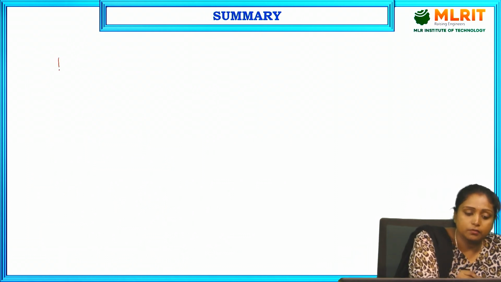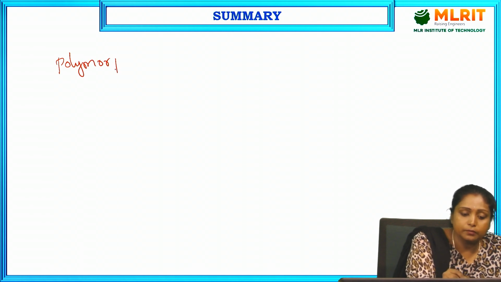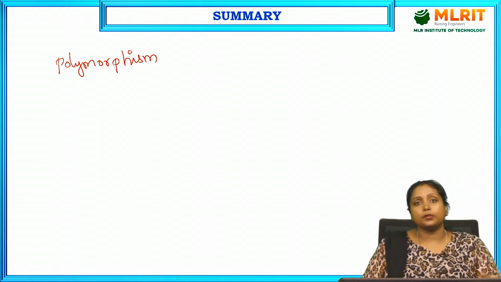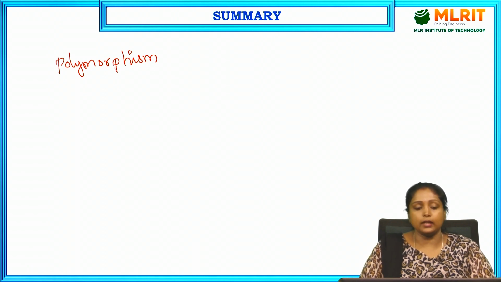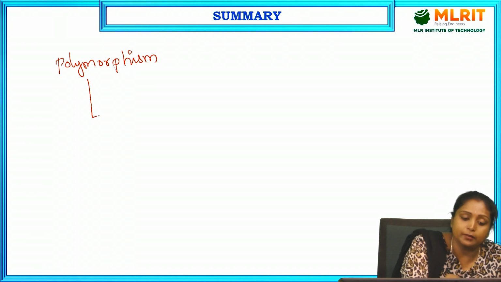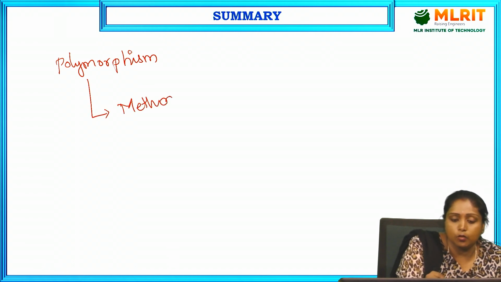First, what is polymorphism? Polymorphism is one thing in many forms. How you achieve polymorphism in Java is through method overloading.